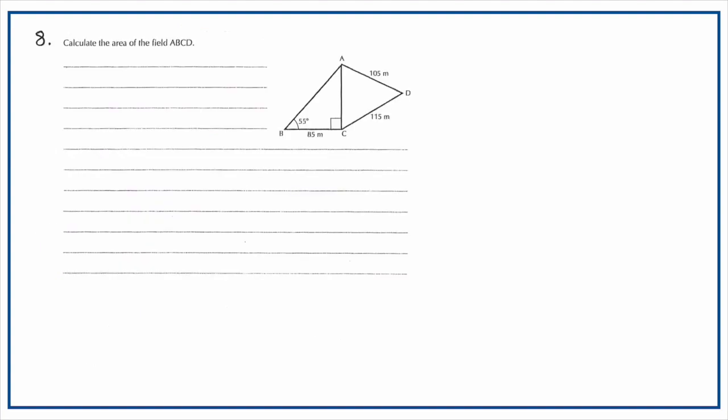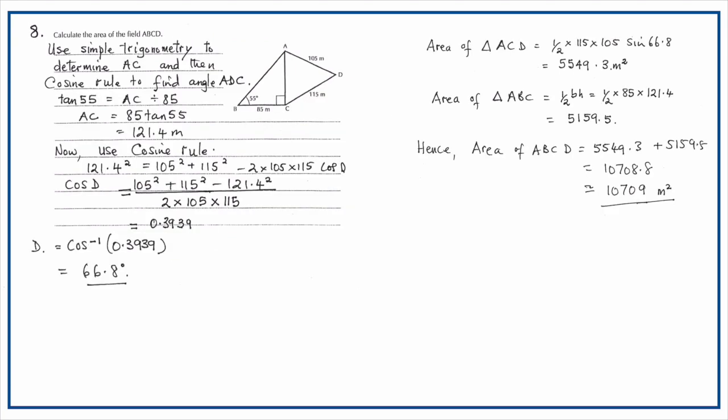Question 8, calculate the area of the field ABCD. Well, here we use simple trigonometry to determine AC, and then the cosine rule to find the angle ADC.